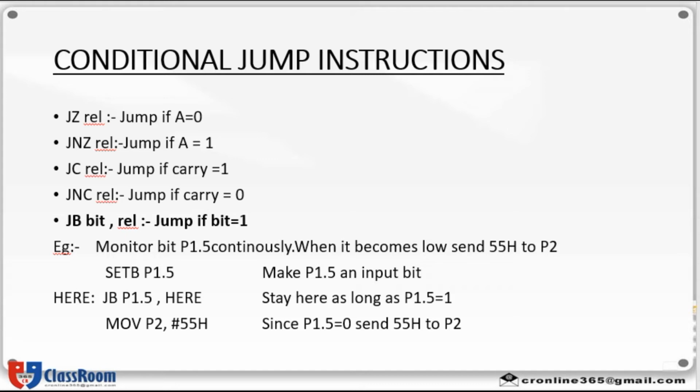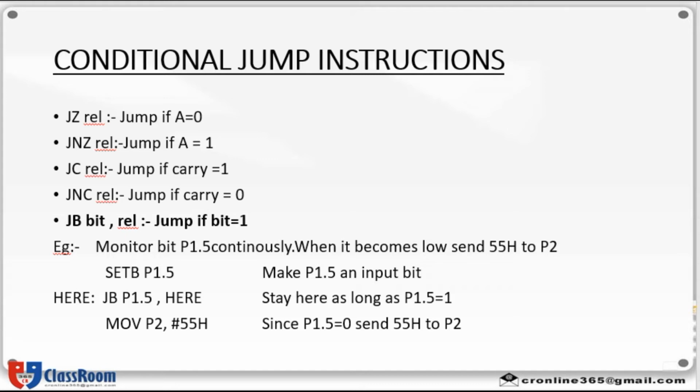Monitor bit P1.5 continuously. By the meaning of continuous, you have to write this instruction JB P1.5 using some label. You have to stay here, that is, jump if bit is equal to 1, as long as P1.5 is equal to 1.